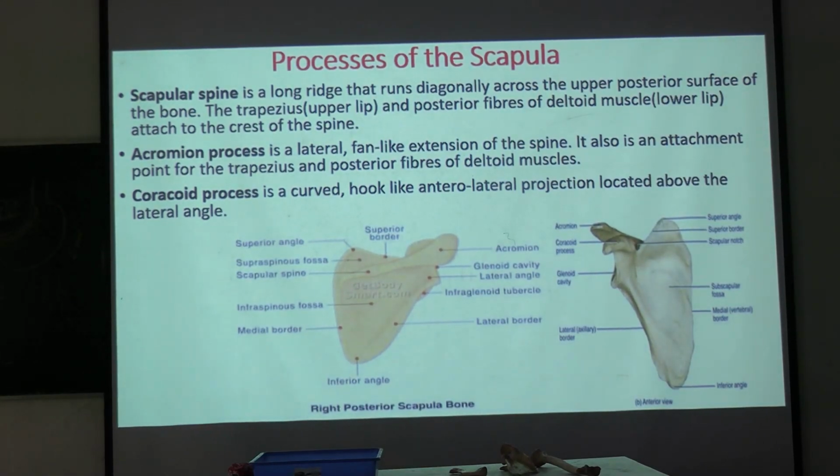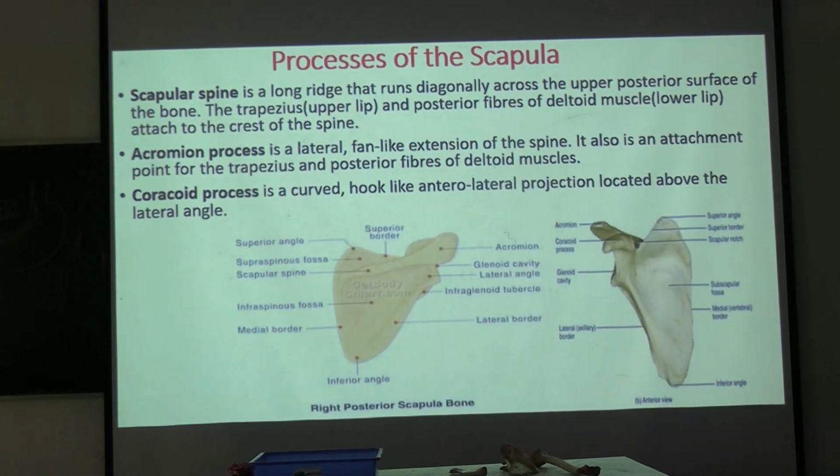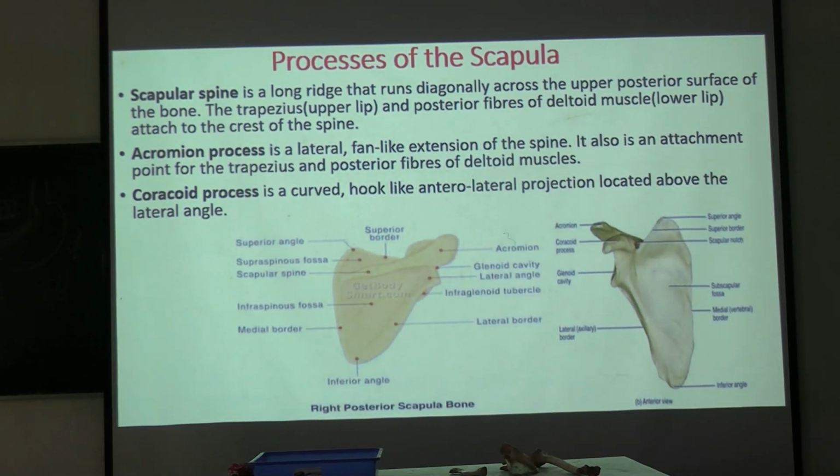Anterior fibers originate from the clavicle. Middle fibers from the lateral border of the acromion process, and posterior fibers from the lower lip of the crest of the spine. All 3 join together, forming the rounded contour of the shoulder and inserted into the V-shaped deltoid tuberosity of the humerus.